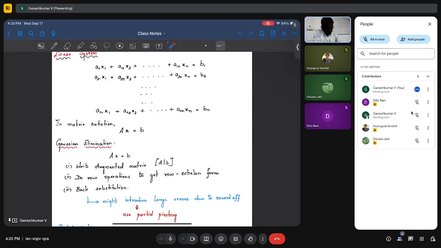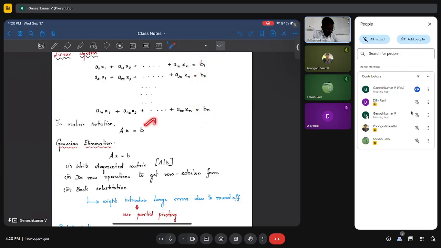In this case we have a linear system of equations with an n cross n matrix. If that is the case, you can express these n equations in the matrix form, Ax equal to B. Here A has the coefficients which we know beforehand, and B is the source vector.